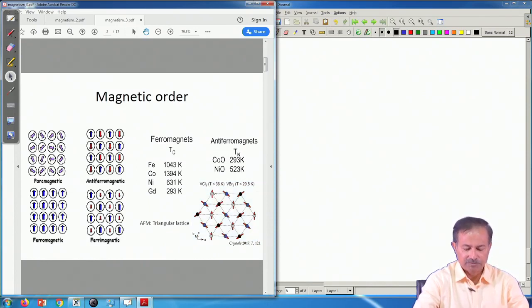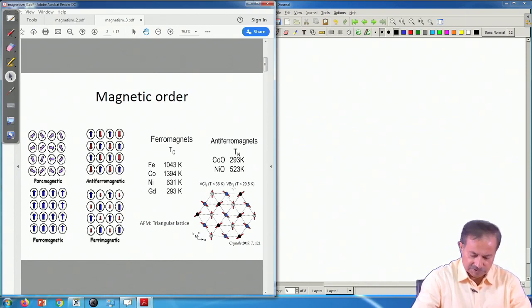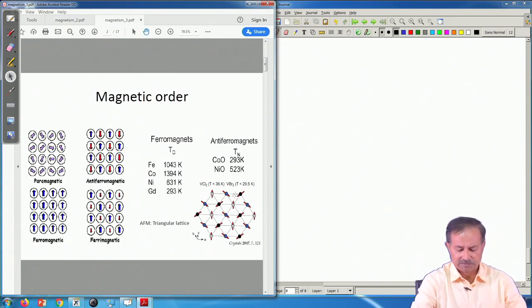So, over a triangle you have this 120 degree angle between every two spins. So, this is another very interesting order. It happens in vanadium chloride, vanadium bromide, and some other systems also, not too many. So, this is an antiferromagnetic order on a triangular lattice.